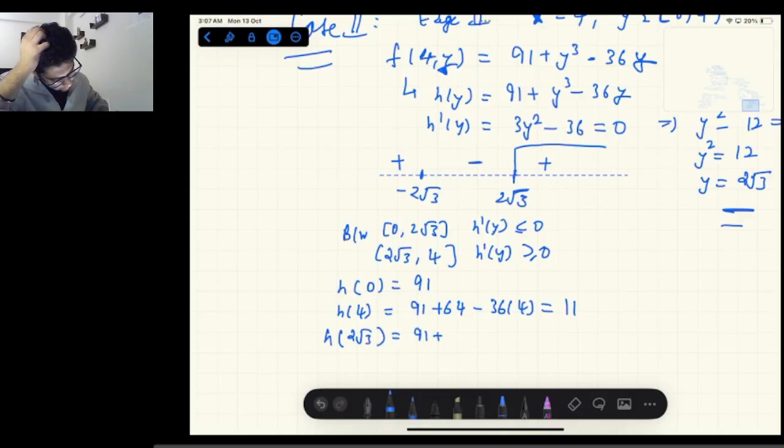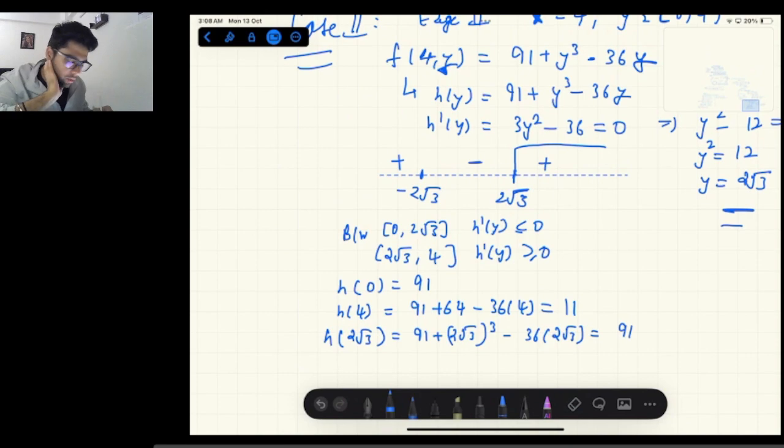And h of 2 root 3 is 91 plus 2 root 3 whole cube minus 36 into 2 root 3. So 2 root 3 whole cube: 2 cube is 8, and root 3 cube is 3 root 3, so 8 into 3, 24 root 3.